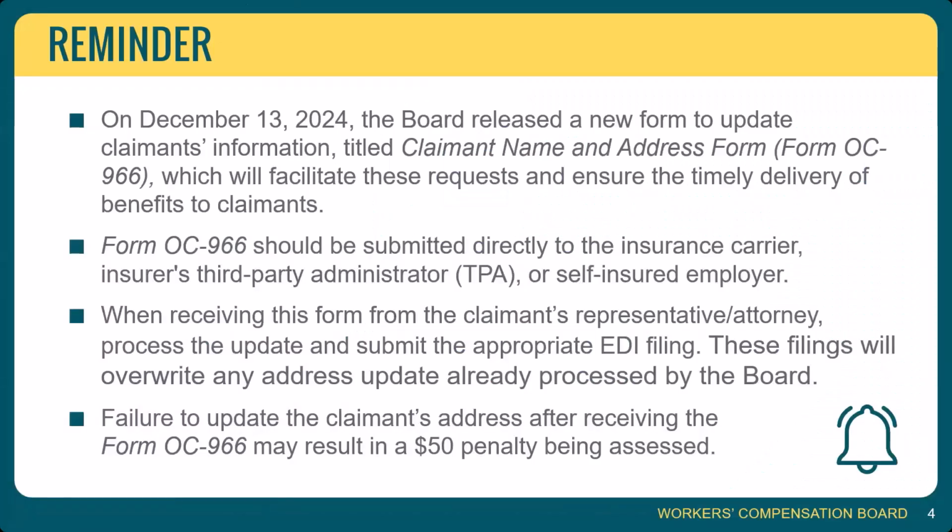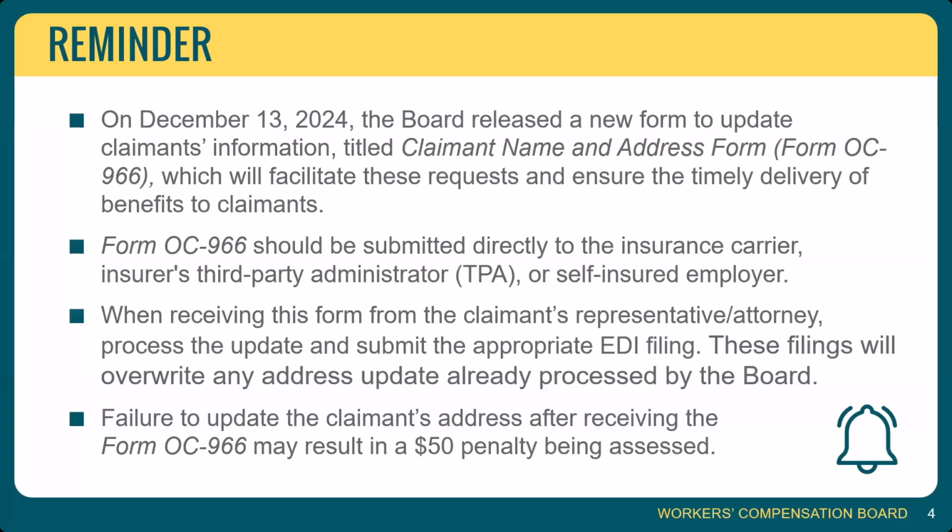So regarding the OC966, back in December 2024, the board created, implemented, and subsequently released a new form to update claimant's information. Now it's titled the Claimant Name and Address Form, or Form OC966. And this helps facilitate the request from claimant attorneys to submit them to the payer directly to ensure that a timely delivery of benefits to the claimants has occurred and continues to occur.